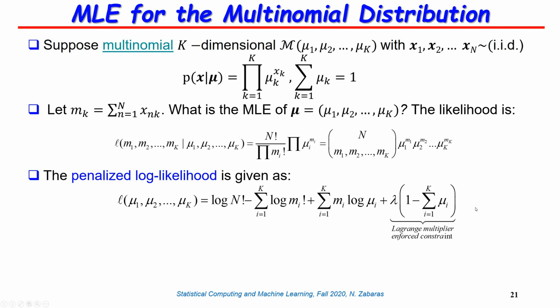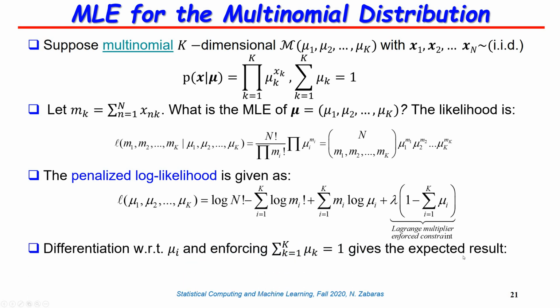So this penalized log likelihood has to be optimized with respect to the mu's, and I have capital K of those, and also with respect to lambda. If you take the derivative with respect to lambda, this constraint is satisfied, and then for the derivatives with respect to mu, you will get one contribution from the log likelihood term and one contribution from the constraint term, which is going to be minus lambda.